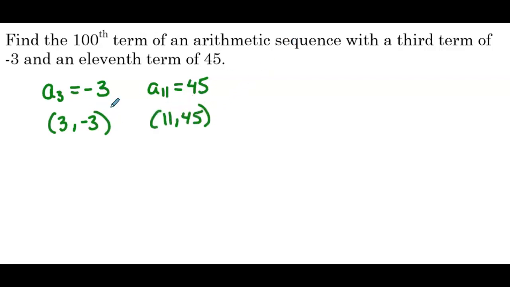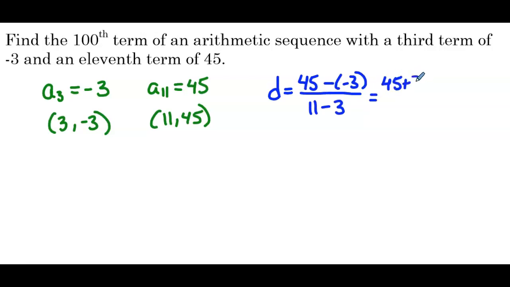So the slope between these points would be the common difference. So d for the common difference equals (45 minus -3) over (11 minus 3). So this is 45 plus 3 over 8, which is 48 over 8. So the common difference is 6.